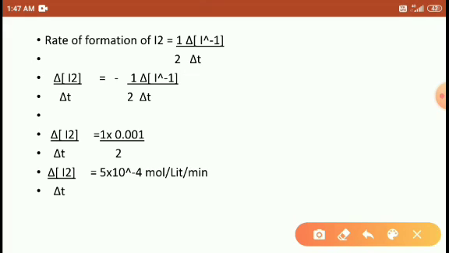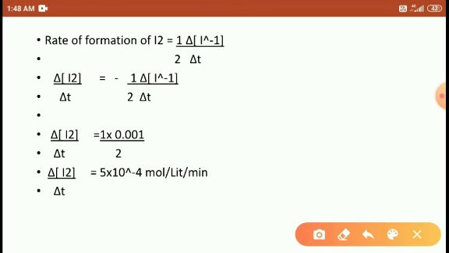So the rate of formation of I2 I write as the changing concentration of I2 with respect to time. Then we have to find it with respect to I minus, so that's why I am using the stoichiometric coefficient 1/2 times the changing concentration of I minus divided by delta t, right students?